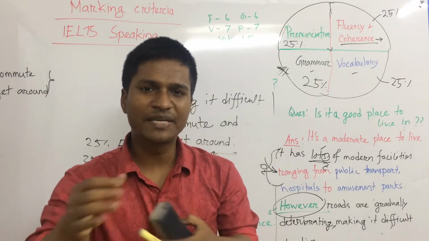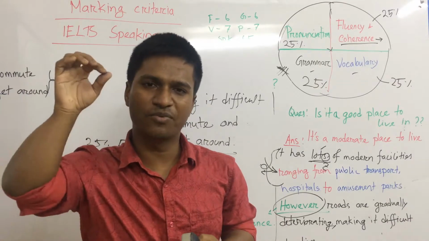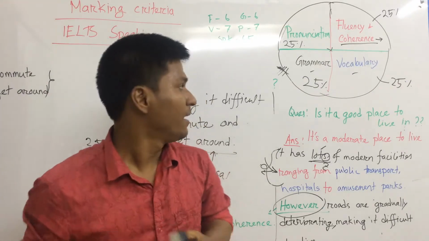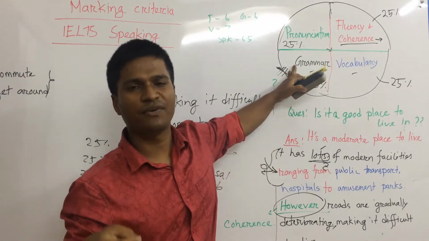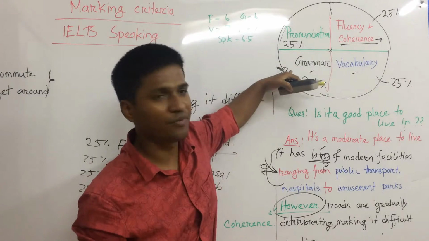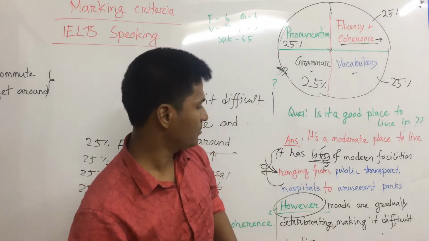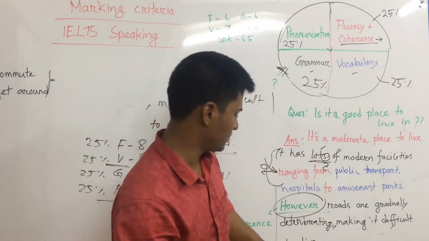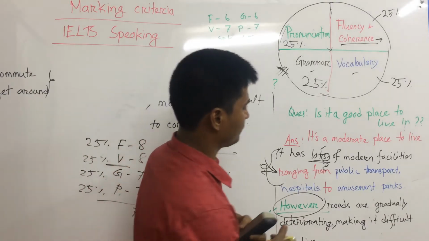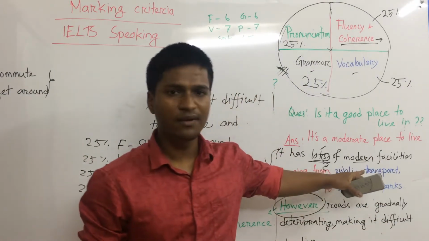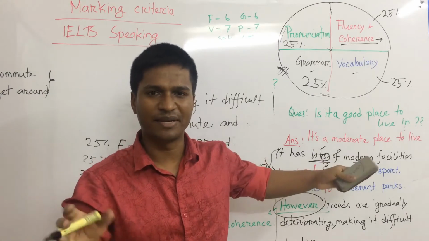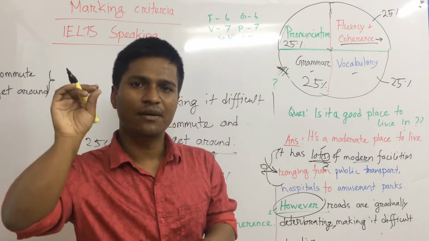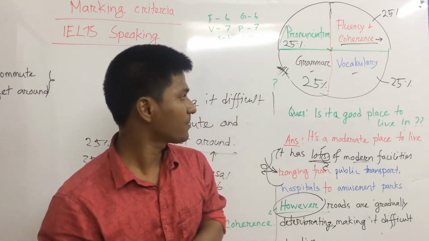It doesn't matter how speedy you are, you are supposed to apply some good vocabulary, great vocabulary, excellent vocabulary, splendid vocabulary, and then you are supposed to use some advanced and proper sentence structures to improve your grammar, and then you are supposed to pronounce at least most of the words accurately, because some part of the words like here modern, but I mean it can be different in some scenarios, but you're supposed to maintain some of the proper pronunciation skills, okay?